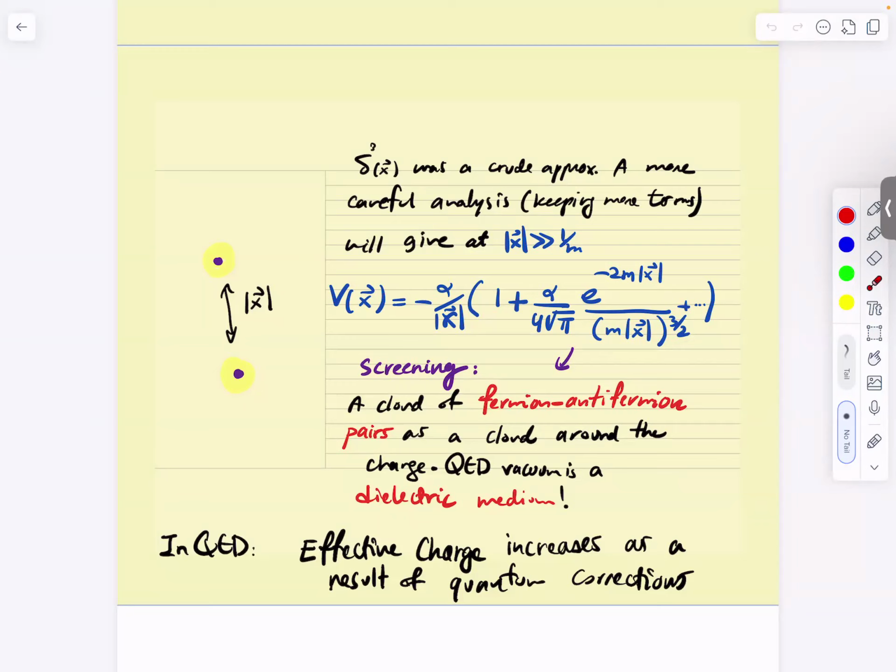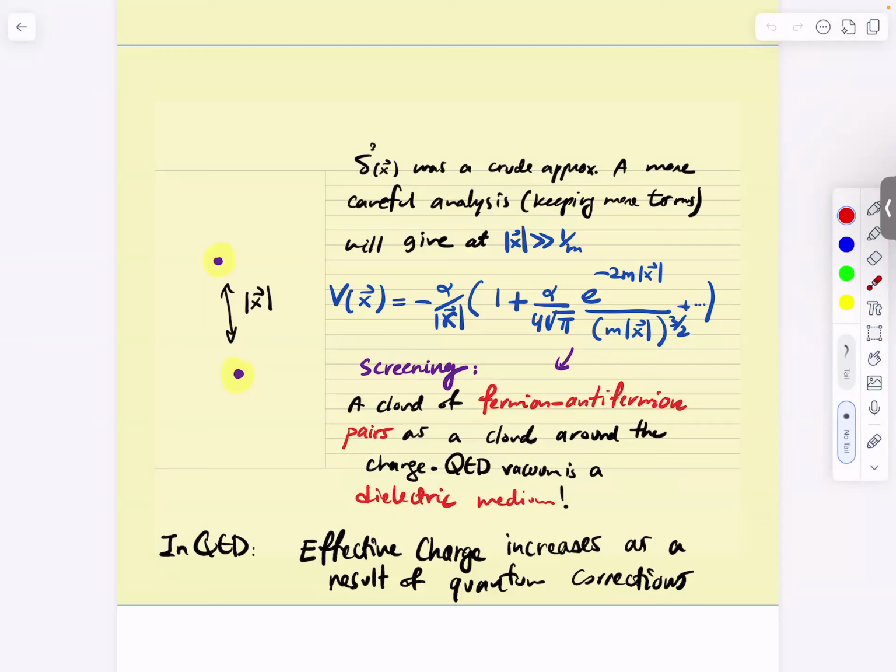The interpretation is this. Two electrons were repelling each other, for example, or electron and positron were attracting each other. This is sort of a cloud of fermion, antifermion surrounding each of these guys, resulting in dipoles or higher moments that give you this potential.